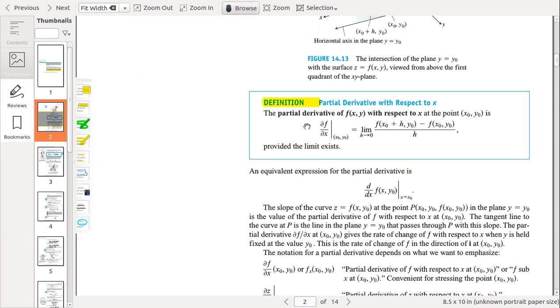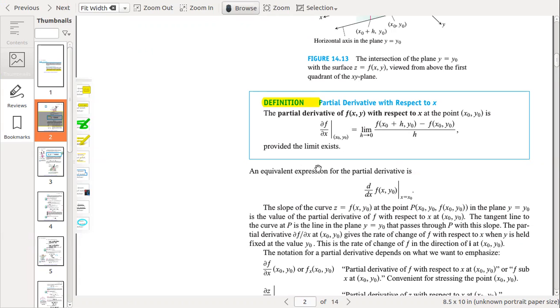The partial derivative of f of x, y with respect to x at the point x naught, y naught is partial f over partial x at the point x naught, y naught, equal to the limit as h approaches 0 of f of x naught plus h comma y naught, minus f of x naught, y naught, over h, provided the limit exists.